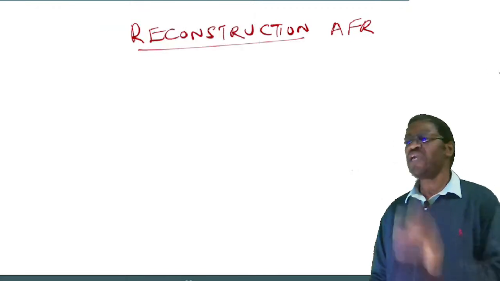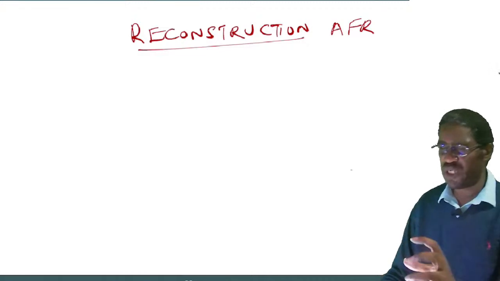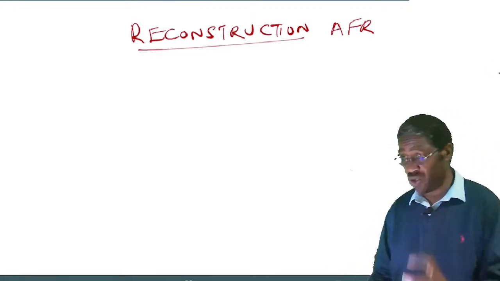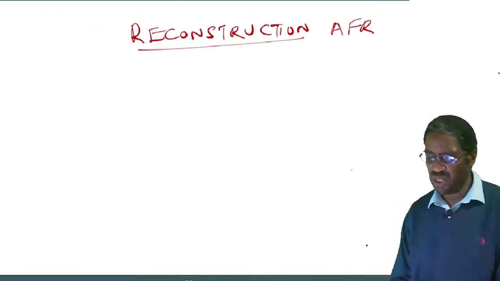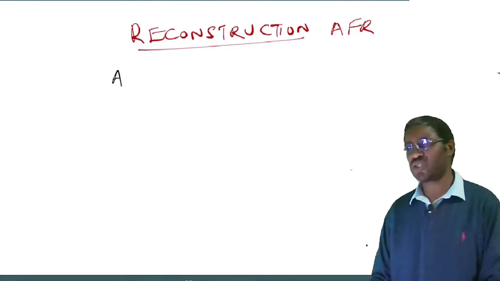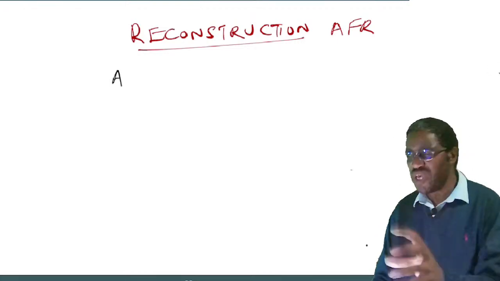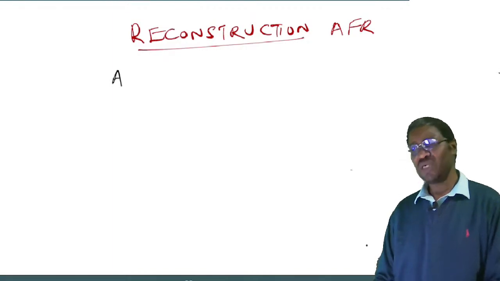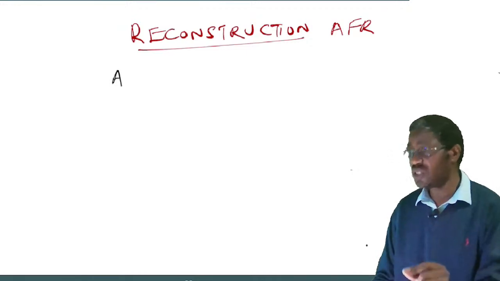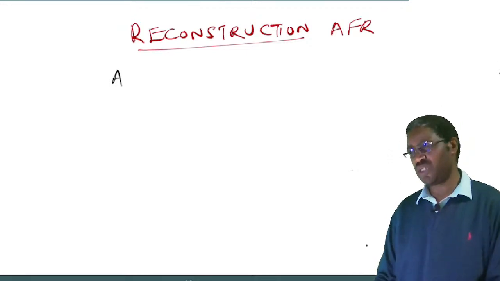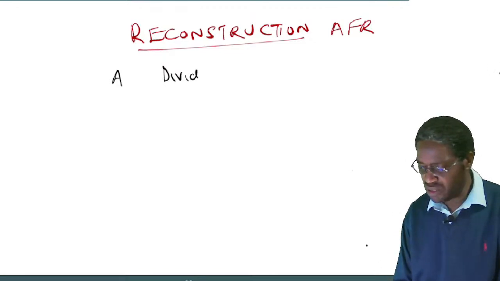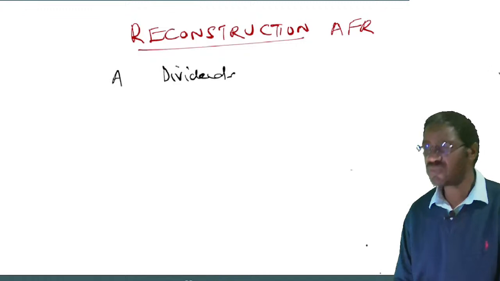Now, if a company has been making losses, let us assume that our company is company A. It has been making losses over a long period of time. When that happens, it becomes difficult for that company to pay dividends to its shareholders.